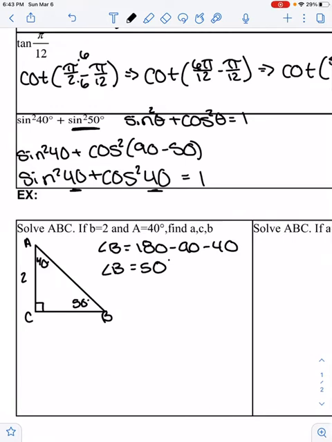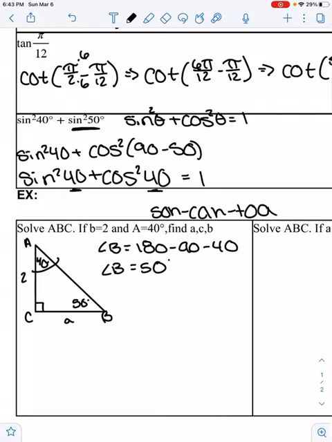The next thing I'm going to find is little a, so the side across from A. And how I'm going to do that is through SOHCAHTOA. Let's go ahead and use the 40 degree.